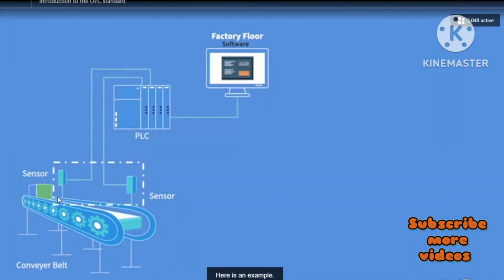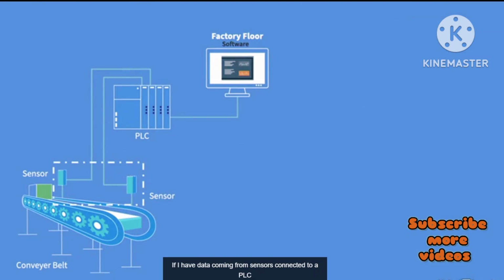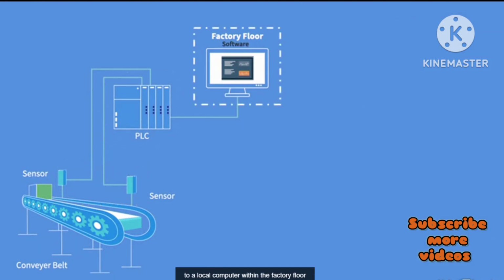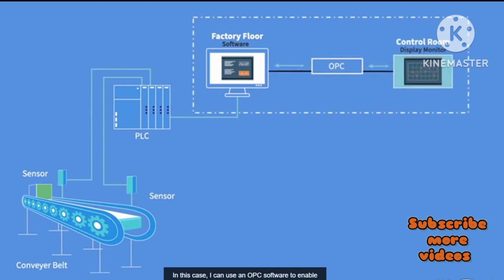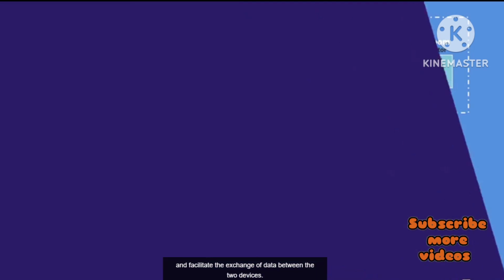Here is an example. If I have data coming from sensors connected to a PLC to a local computer within the factory floor, and I want to display the data in a display monitor in the control room, in this case, I can use an OPC software to enable and facilitate the exchange of data between the two devices.